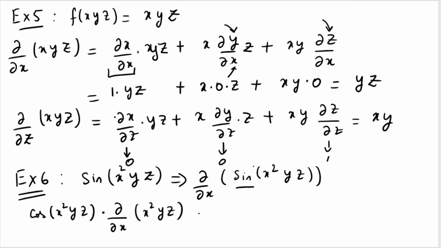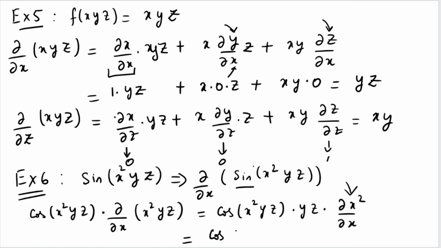So therefore we can write this as cos x square yz times yz, because they are to be treated as constants, times ∂x square/∂x, which after taking the derivative can be written as cos x square yz times yz times 2x.